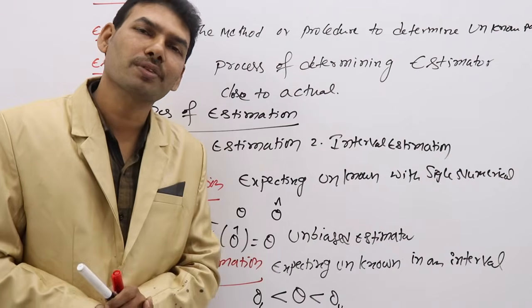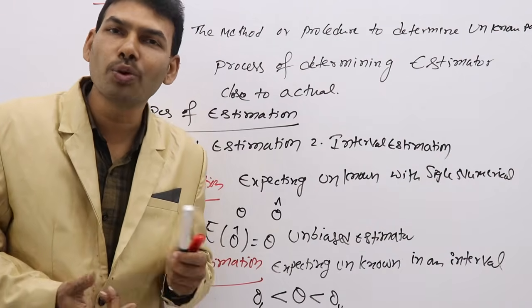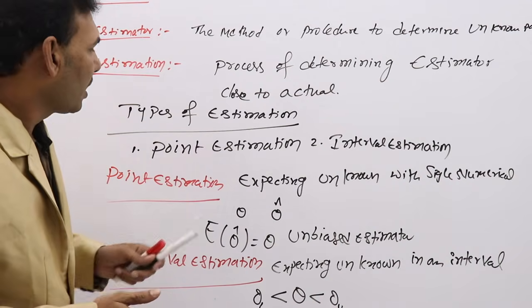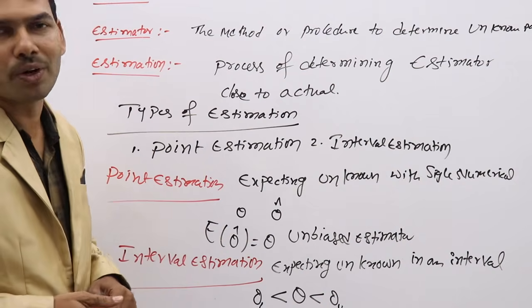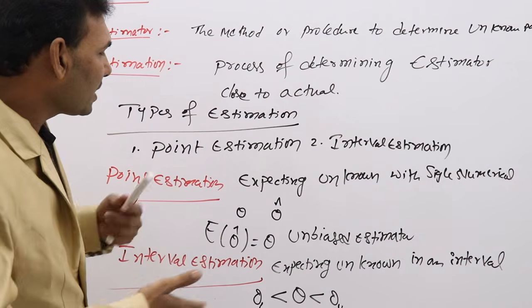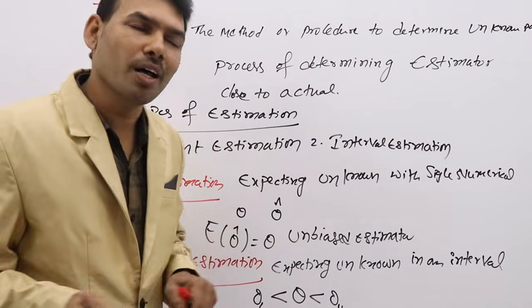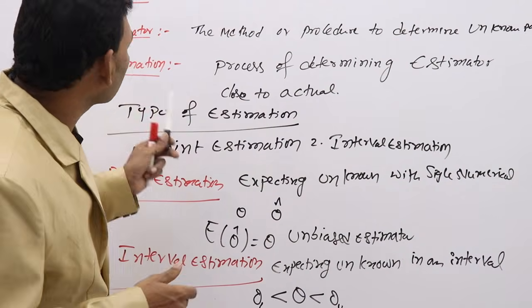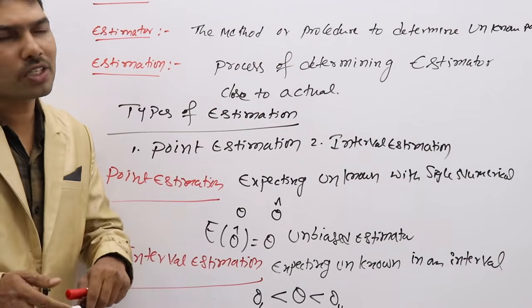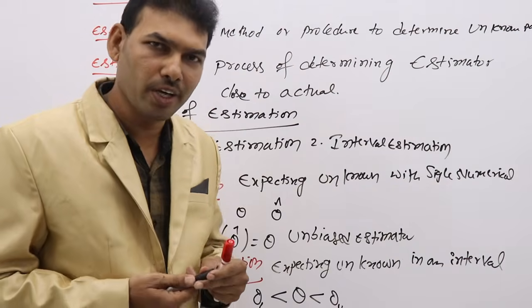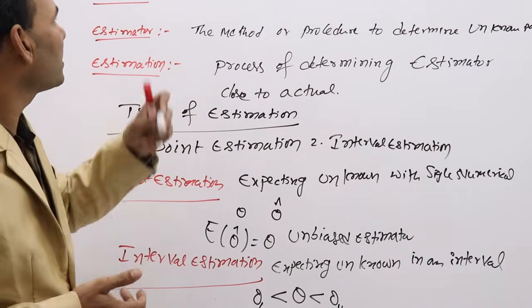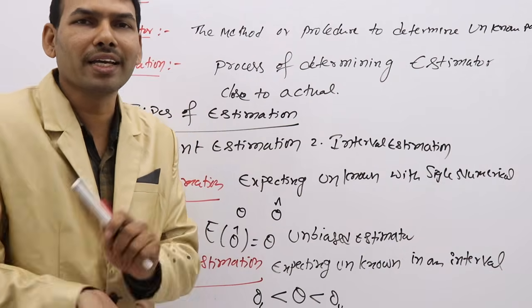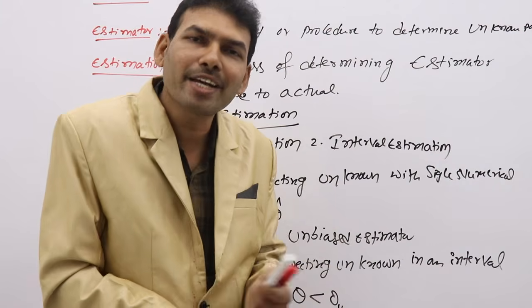We will discuss. An estimator is said to be a good estimator, an unbiased estimator, if expectation of theta cap equals theta. It may happen very rarely. Estimator means the process of determining the unknown parameter value. Estimate is a statement given to the unknown. Like saying, I may get 50 marks, that is a statement.